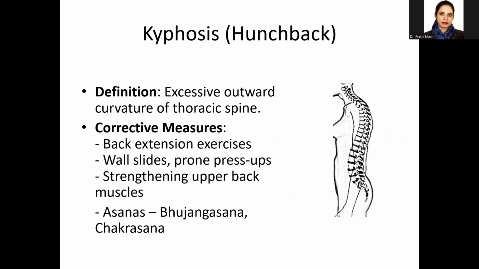The main causes of kyphosis are not enough exercise or weakening of muscles, poor nutrition, carrying heavy loads, long, we can say long table work. So these are some causes.